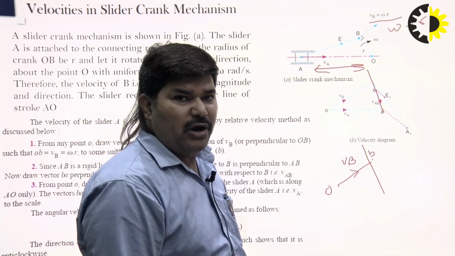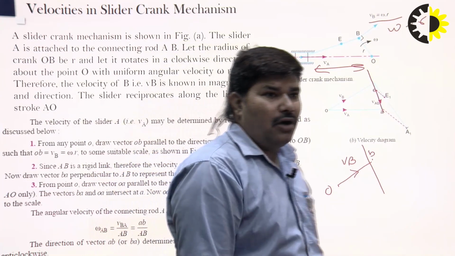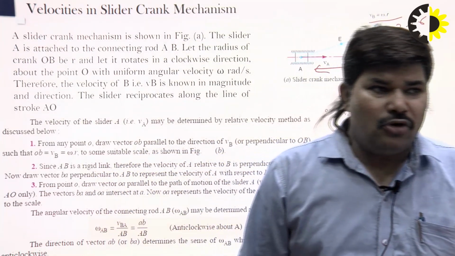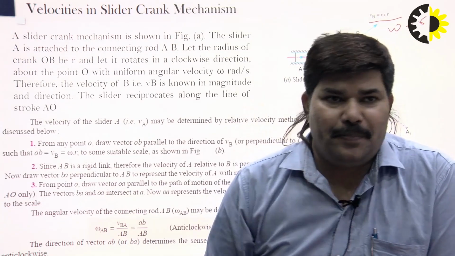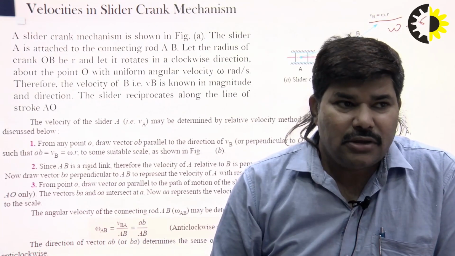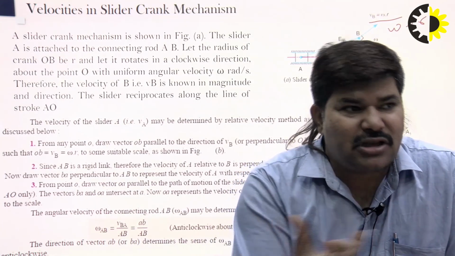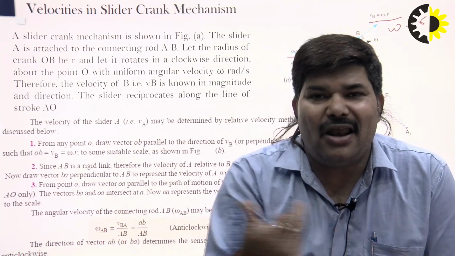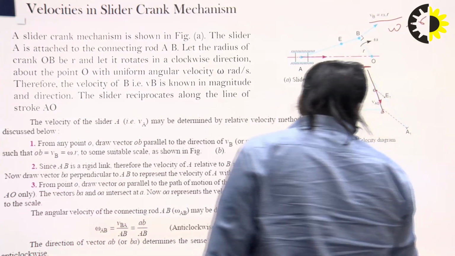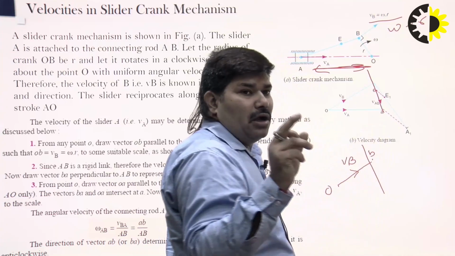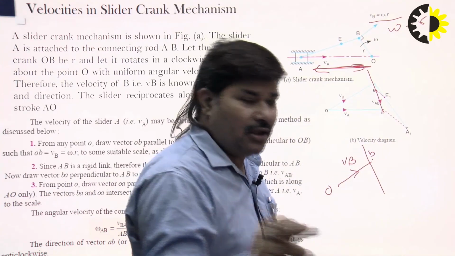right? This point is somewhere A, and now you can see from O, draw the velocity of A with respect to O, which means the path of motion of the slider only slides along this, right? The slider moves in between there. So at this point you don't have any idea where point A is.